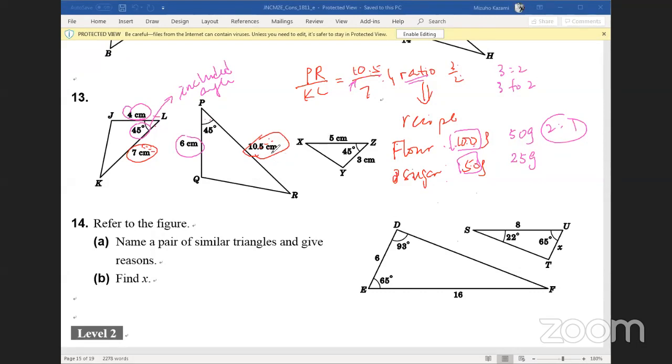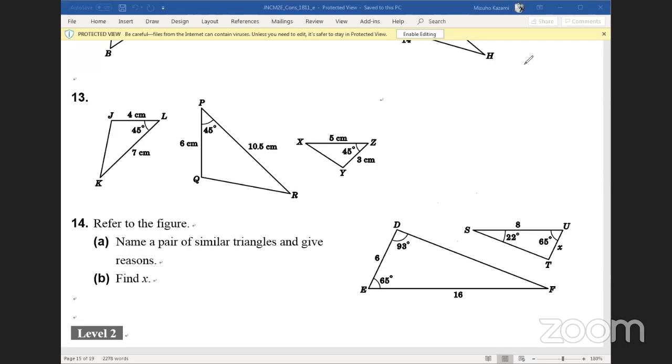And then we are finding the ratio of two sides. It means two pairs of sides. This is one pair, and this is another pair, and the ratios are the same. It means when the ratio of the two sides are the same, and the included angle of these two sides are also equal, then these two triangles are similar. Okay, clear?